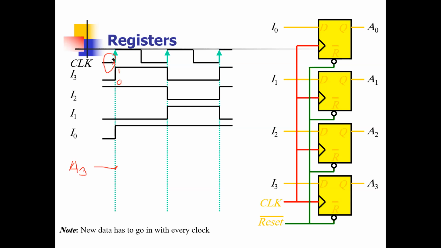Yes, the initial value, the first value you need to choose, because your clock will start from here. Always, whether positive edge triggering or negative edge triggering, the first value is what we choose. So the first value is 0, so I will choose 0, and A3 will be 0 till the next clock. Clear or not? Yes.